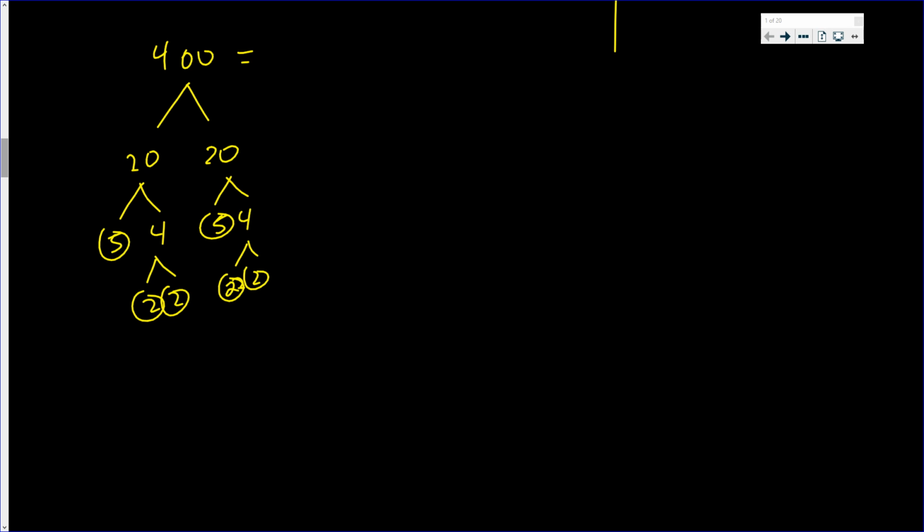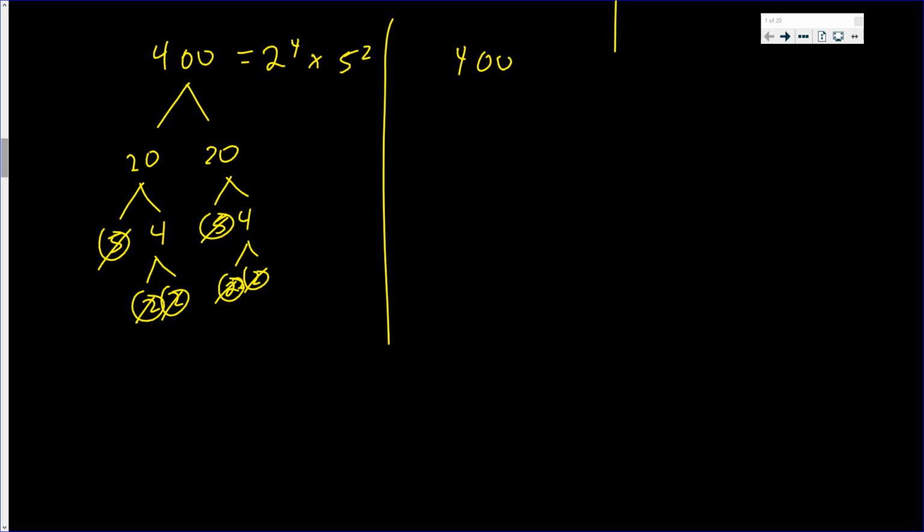So we have 2 factors of 4. Let's try that again. We have 4 factors of 2. 1, 2, 3, 4. And then 2 factors of 5, which becomes 5 squared. There is your prime factorization of 400.